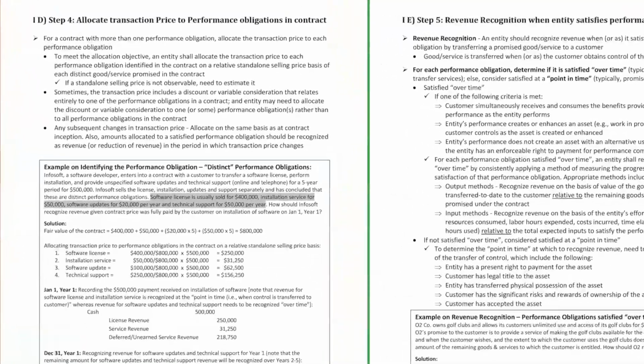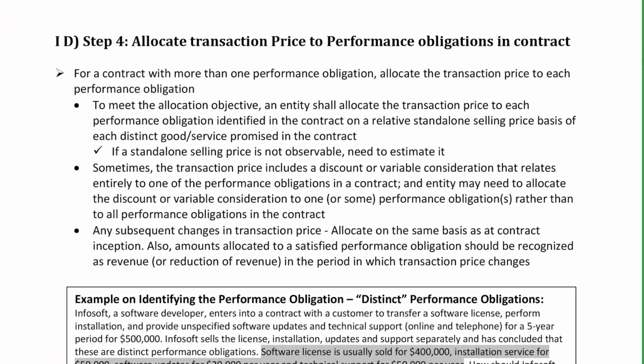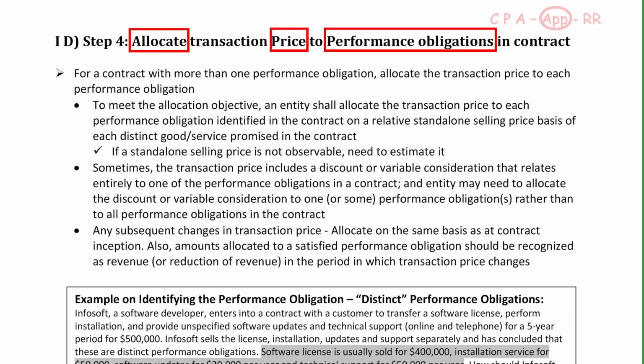Turn to page 58, where we've got step number 4, which is allocate the transaction price to performance obligations in the contract. So we need to allocate price to performance obligations. And that's the A-P-P. So right there, CPA app for revenue recognition.